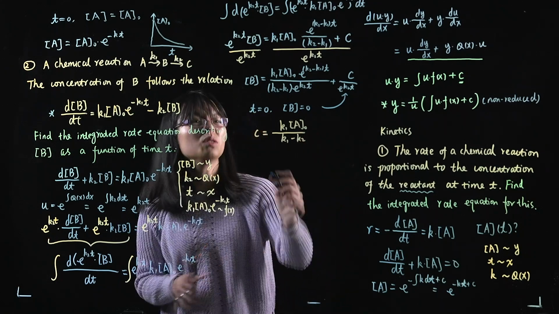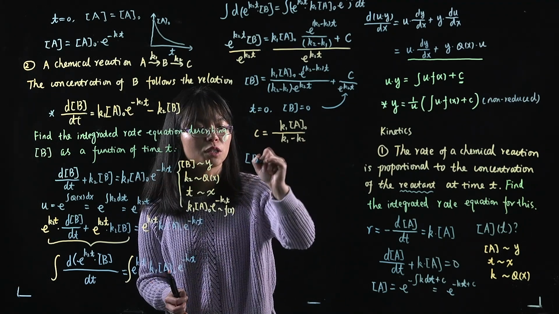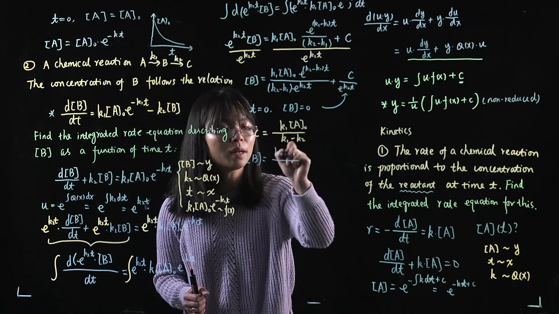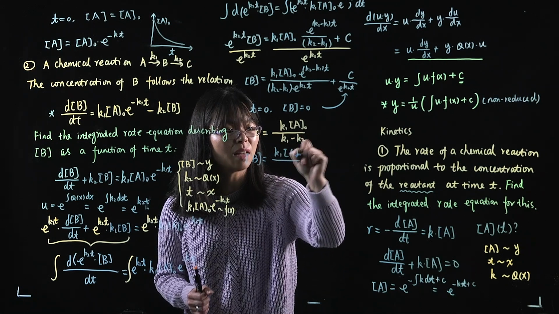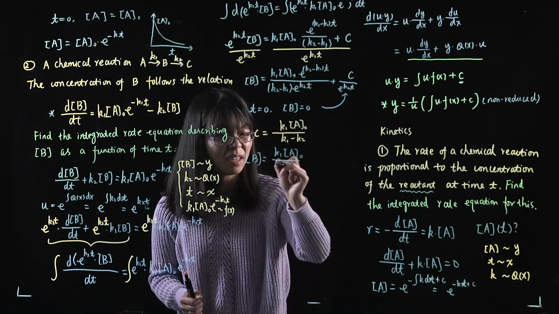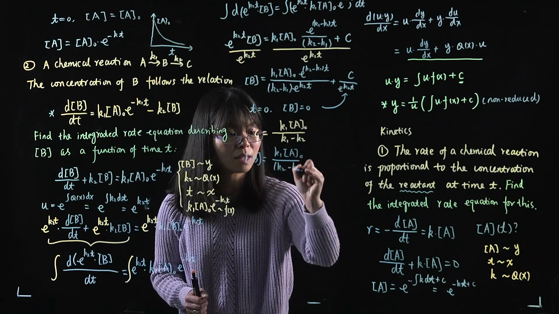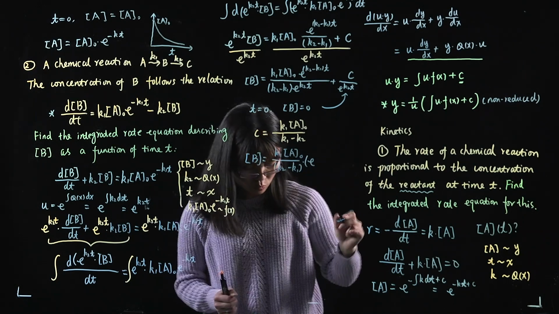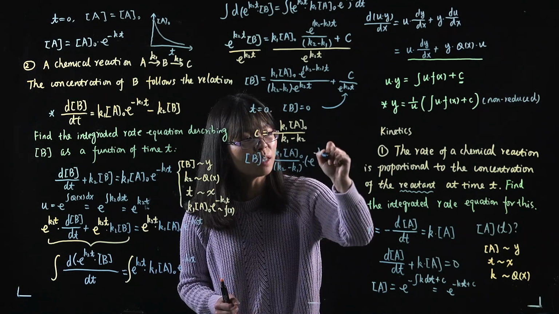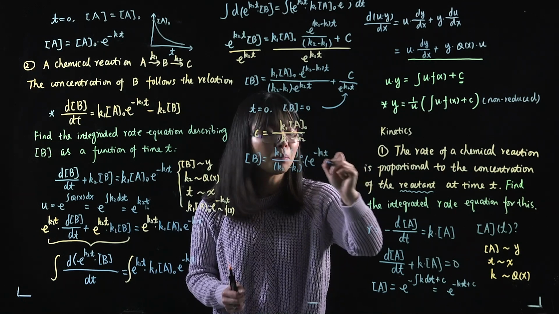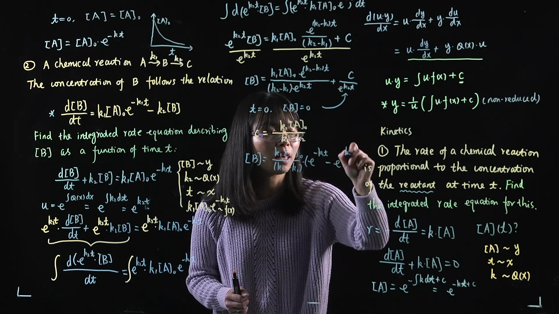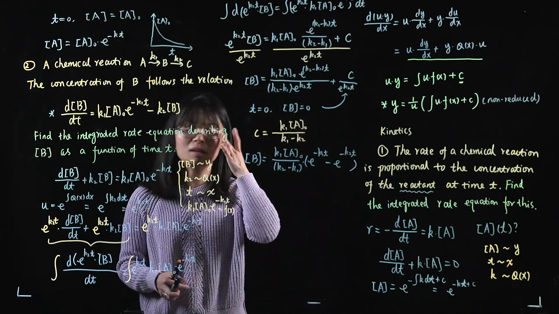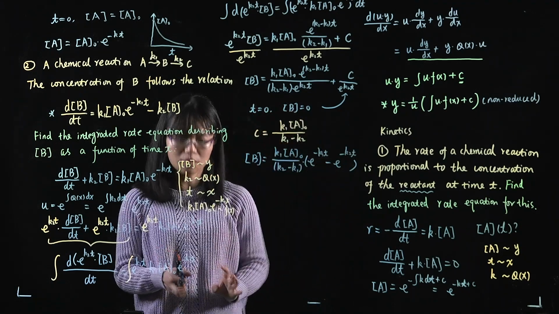And the final expression for the concentration of B equals K1 times A naught over K2 minus K1 times the exponential of minus K1 t minus e to the negative K2 t. Okay, so here's the final answer that you should achieve after you work all this out.